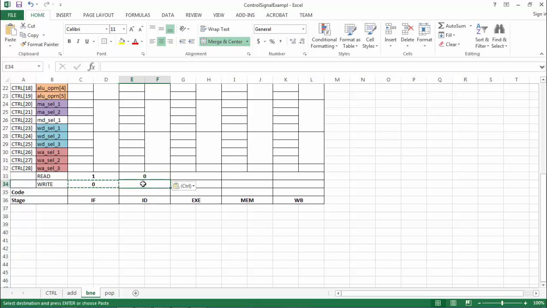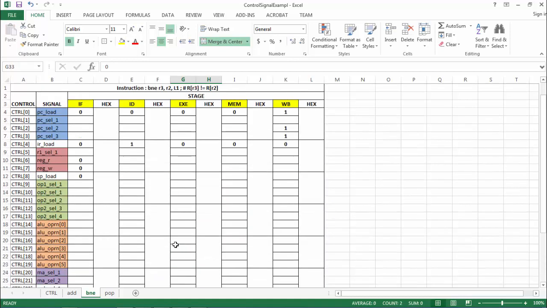So 0 0, and let's add it here, and also here. Okay, so that took care of that control signal. However, the SP load, we are not doing anything related to the stack pointer, so just put zeros there.